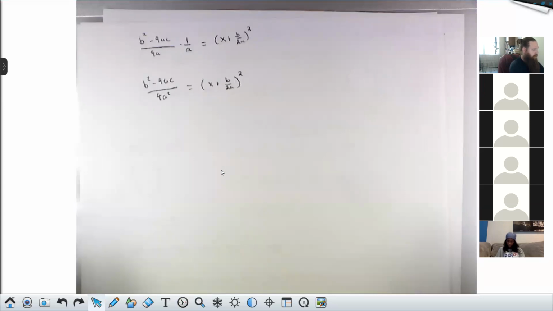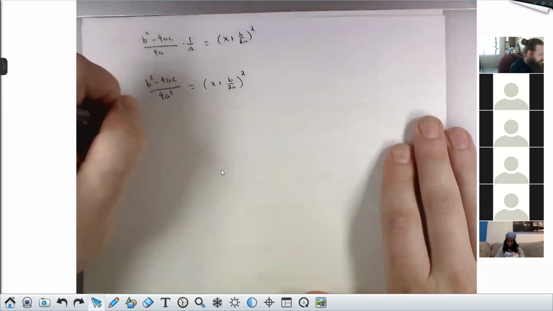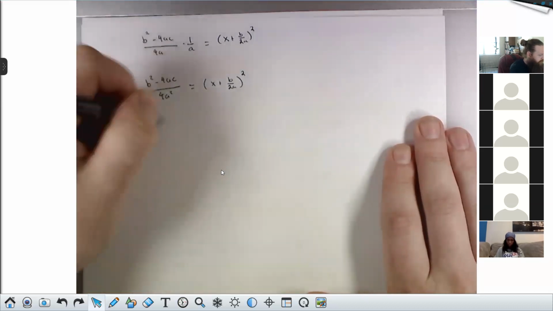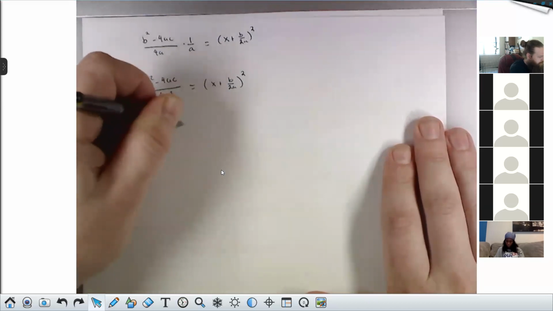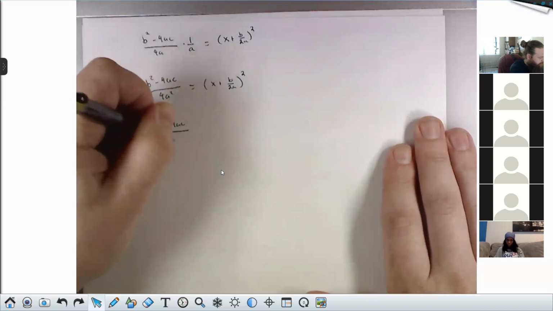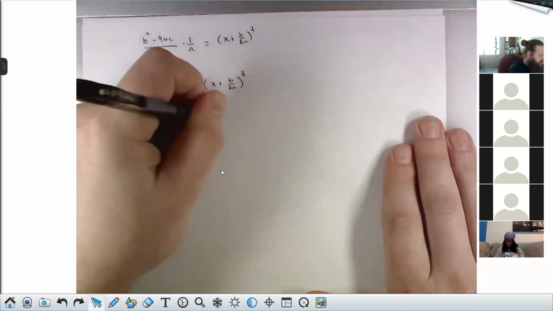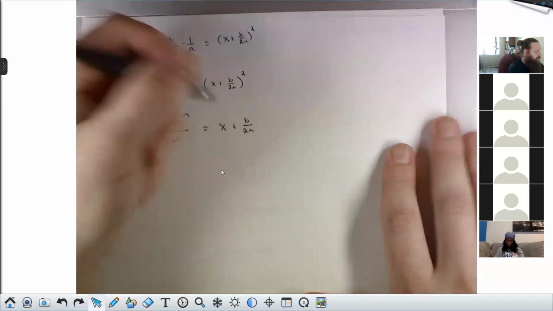We're almost done. My last few steps here, I take square roots on both sides. When we do that, we get a plus and minus. So I'll have a plus and minus square root of b squared minus 4ac over 4a squared is equal to, now on this side, I just have x plus b over 2a.